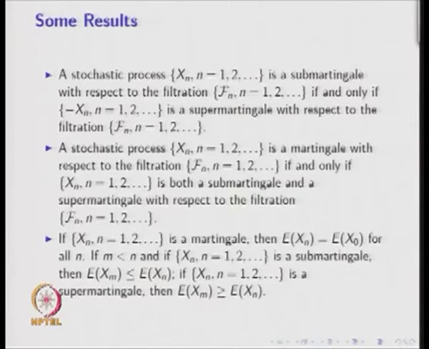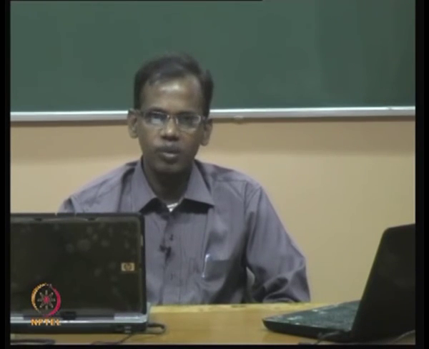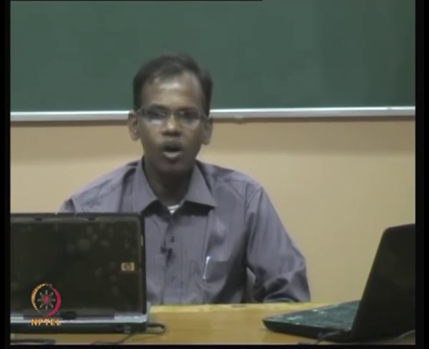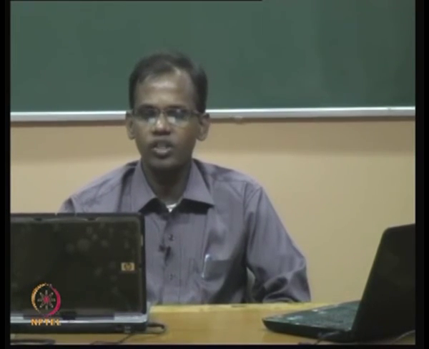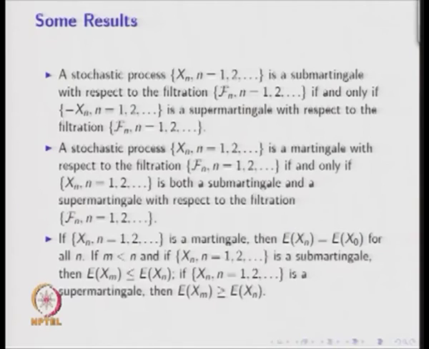Because if it is both, that means there is no greater than or equal to or less than or equal to in the conditional expectation. It must be equal. Hence, the given stochastic process is a martingale. These above remarks are also valid for continuous time.